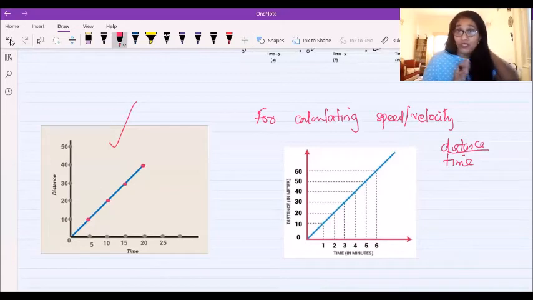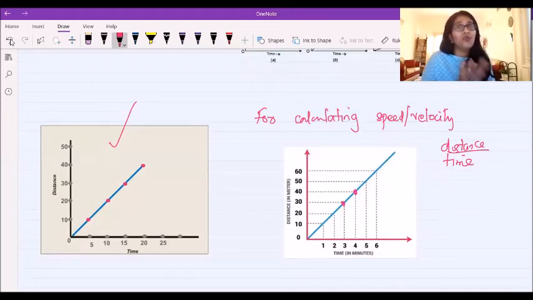The speed of the object remains the same, so everywhere it will be the same. What you have to do, once you have plotted a graph like that, is take any 2 points on the graph. For example, I am going to take this point and this point. Okay. It is better to take a point which you already marked, because it is an easy way. Otherwise, you can take any point; it will work for everything.